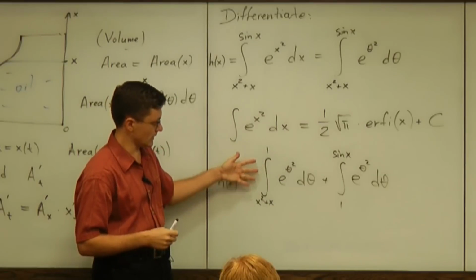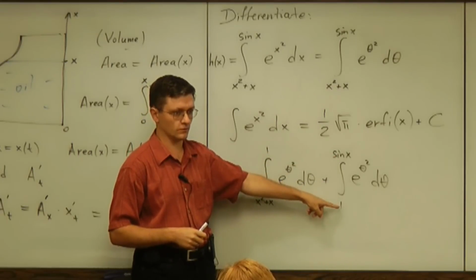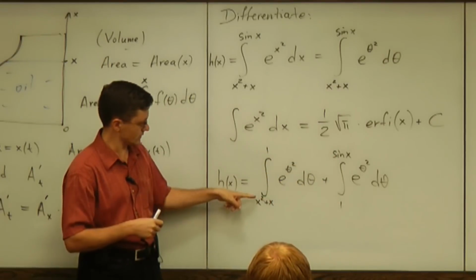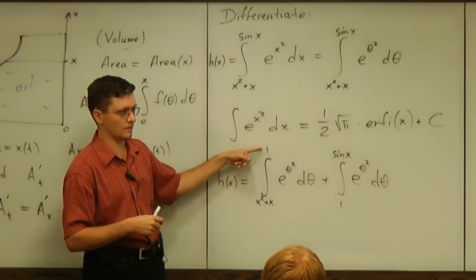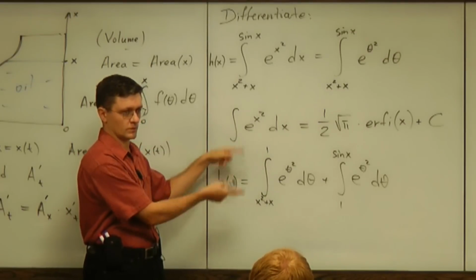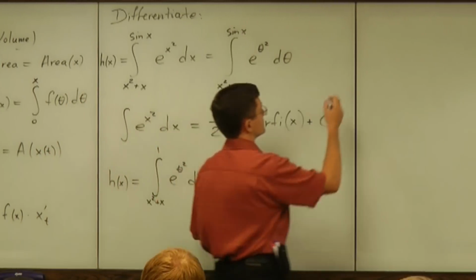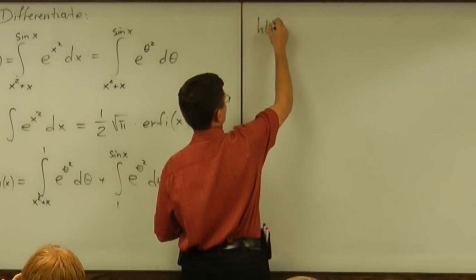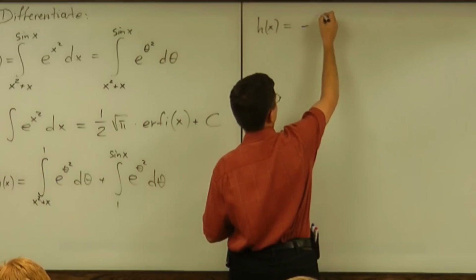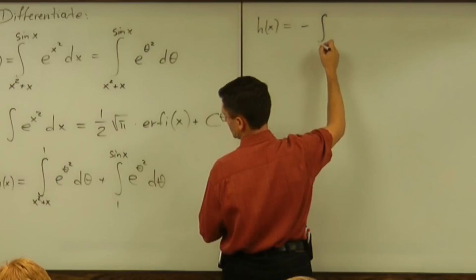The advantage I'm gaining so far is that one of the functions has a constant in the lower limit. The other one has a constant in the upper limit, but I can deal with this by switching the limits. If I switch the limits, I get the negative sign in front, and now my function becomes a sum of two integrals with constants in lower limits.